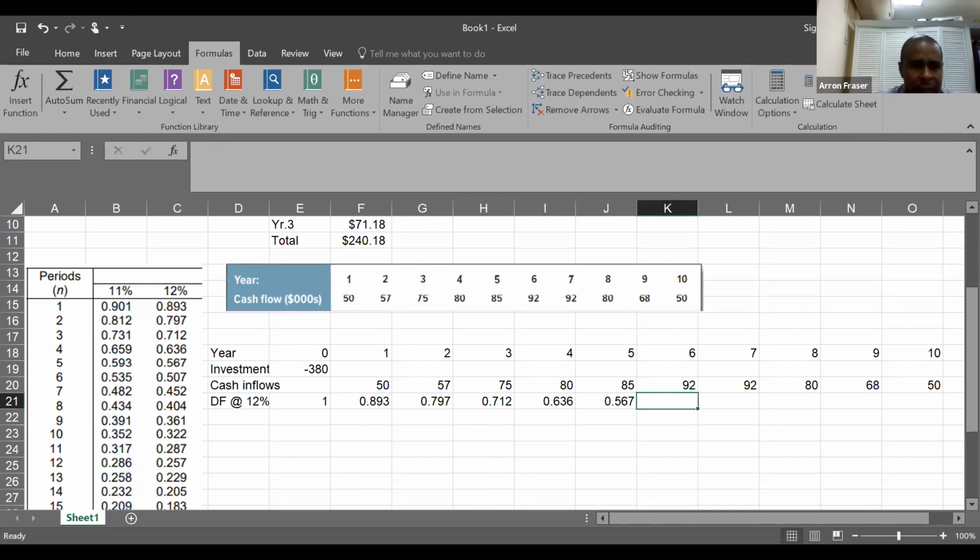Period six would be 0.507. Period seven would be 0.452. Period eight will be 0.404. Period nine would be 0.361. And period 10 would be 0.322.